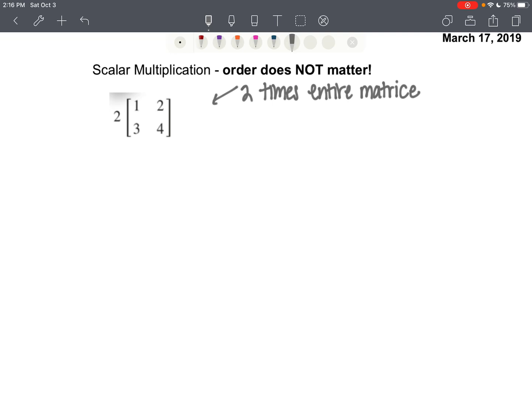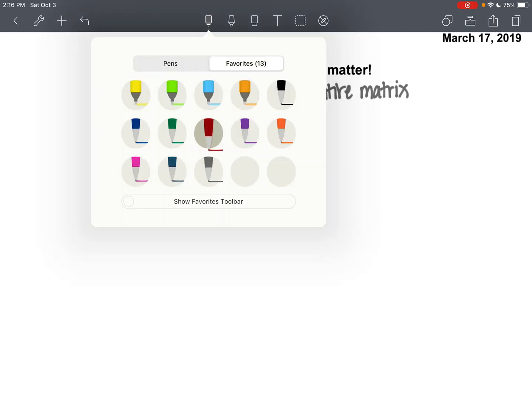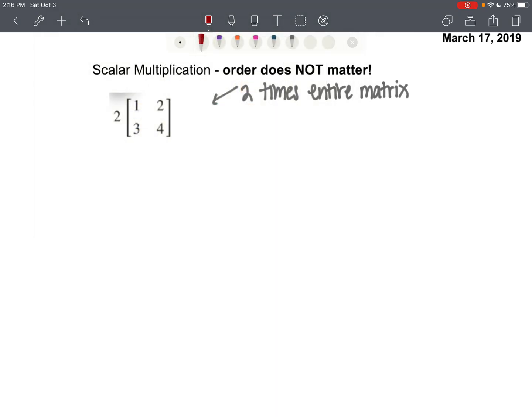Matrices, matrix. Entire, yeah, I like that. 2 times the entire matrix. So that means we're going to distribute that 2 to each element in the matrix.